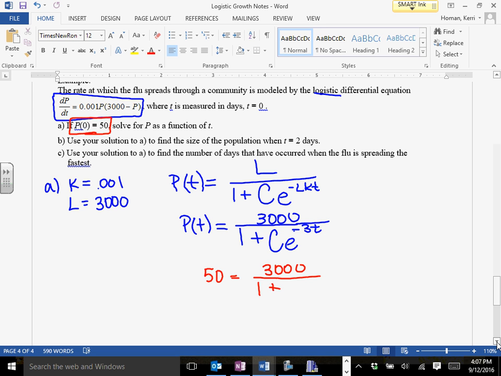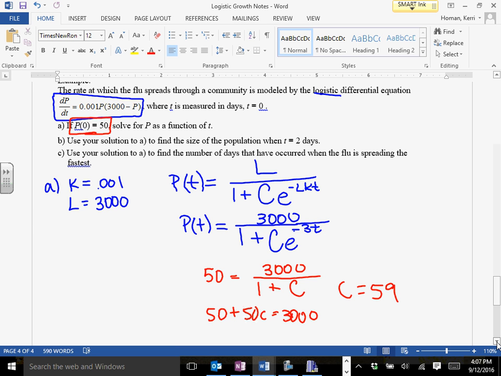So e to the 3 times 0 is 1. Is because it's e to the 0, right? So if we multiply 1 plus c over, we get 50 plus 50c equals 3,000. We subtract 50 over, we divide by 50. C is 59.